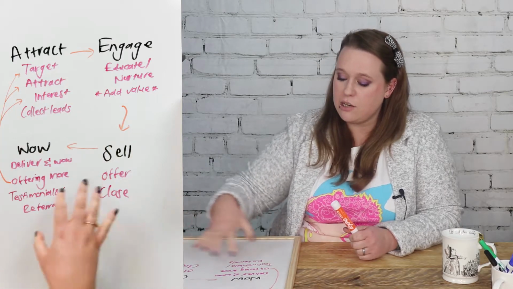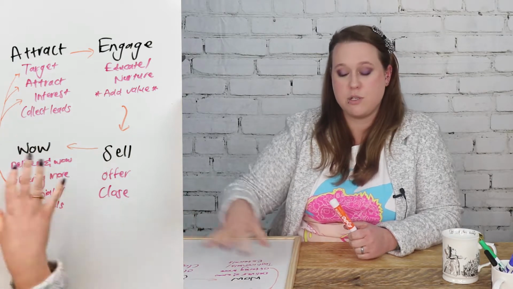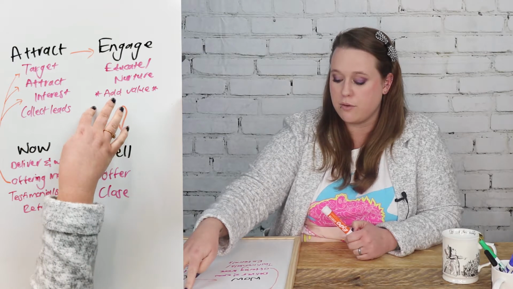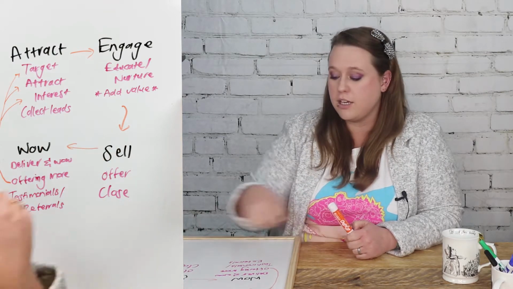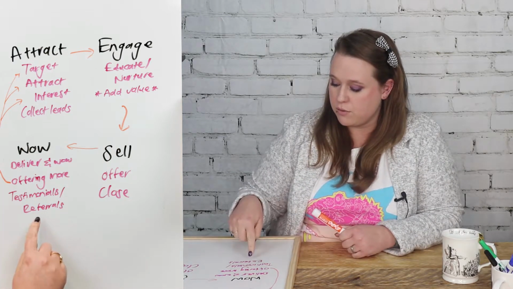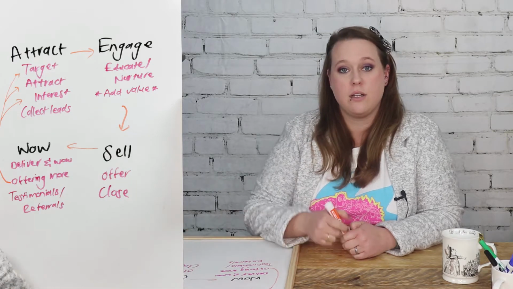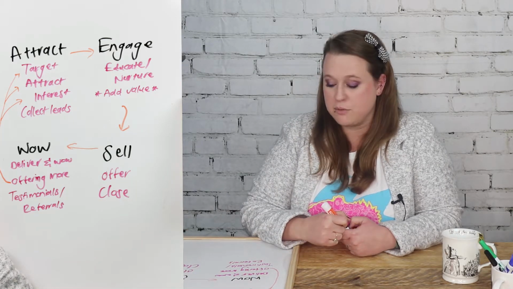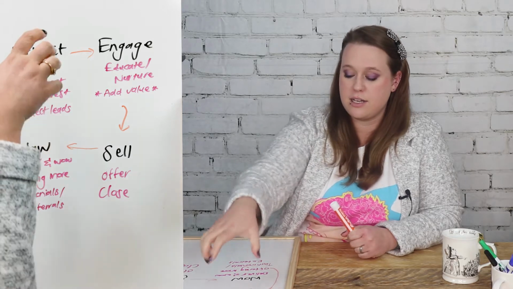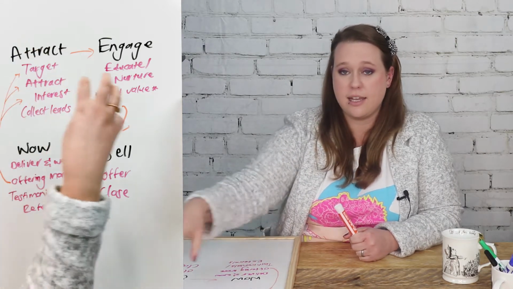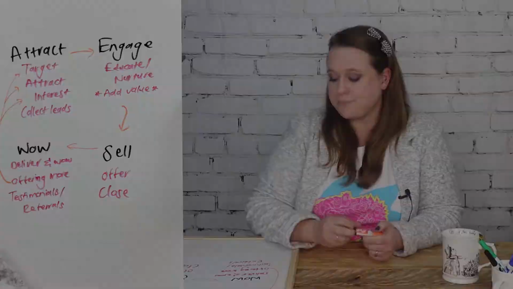And there's this continual interaction between each of the stages, because they can go from engage straight to wow. You can get people to give you referrals and testimonials based on the nurture series that you may have been sending them through. So it's important to not think that it's totally linear, and that they can actually interact with one another. So that's lifecycle marketing in a nutshell, and how you can use it in your business.